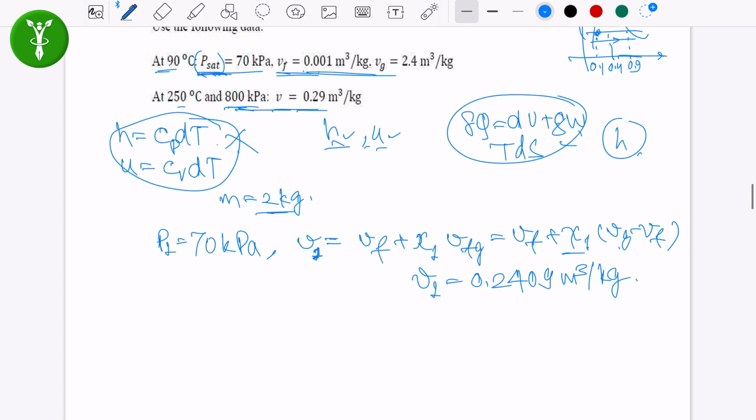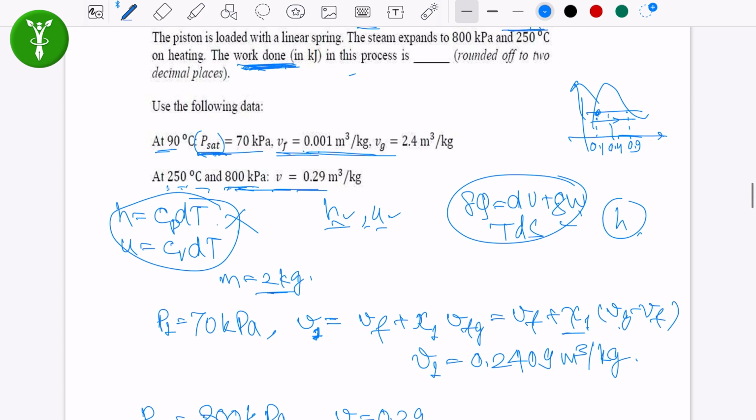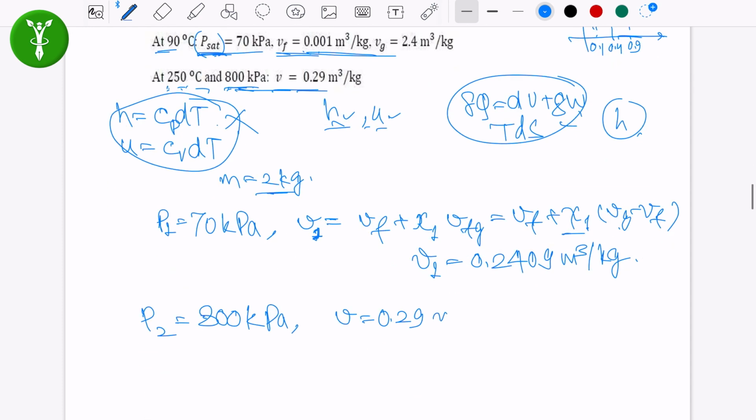Now at the second stage, the temperature is very high, around 250 degrees Celsius, and pressure is 800 kilopascal. So 800 kilopascal and a specific volume we have directly given. So it may be around here, in the superheated state. So we have been given this directly now.